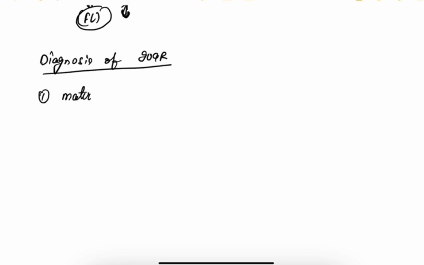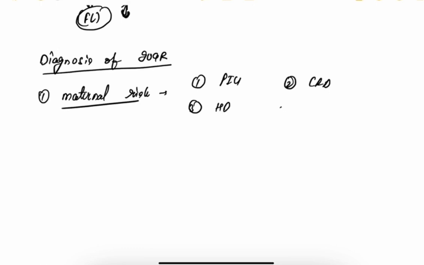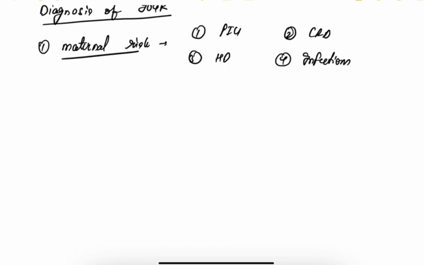Now, diagnosis of IUGR. First you identify the maternal risk factors, by taking history or examining the patient. You should assess whether the patient is suffering from PIH or chronic renal disease or heart disease or some infections or diabetes mellitus with vasculopathy.